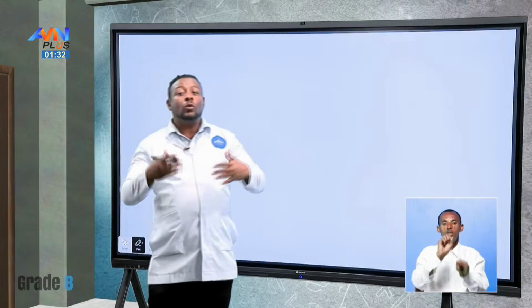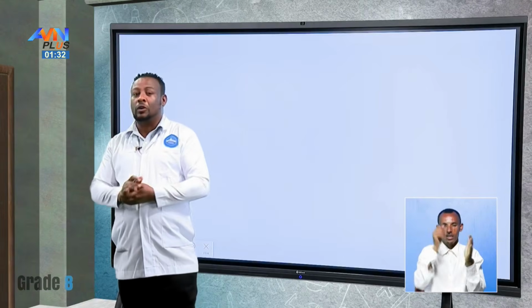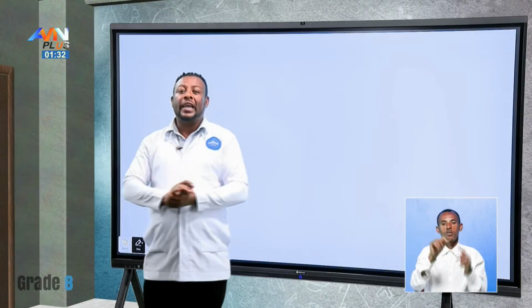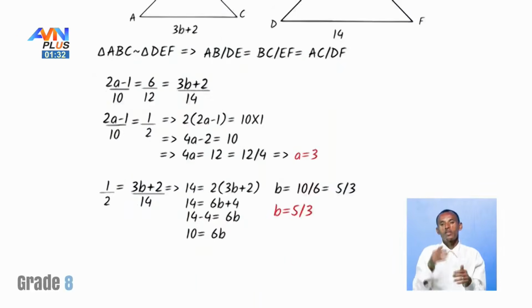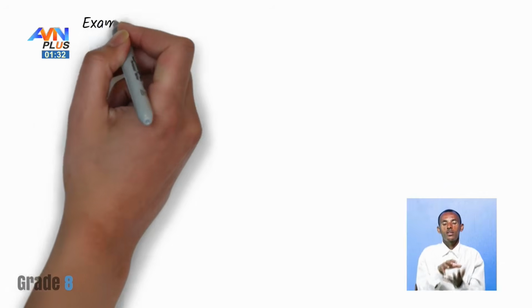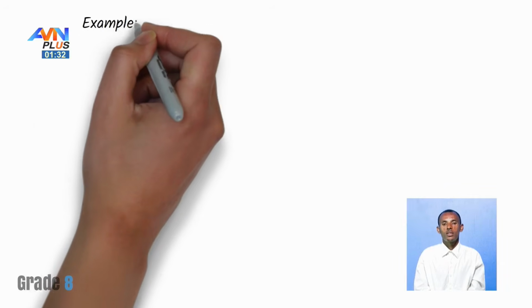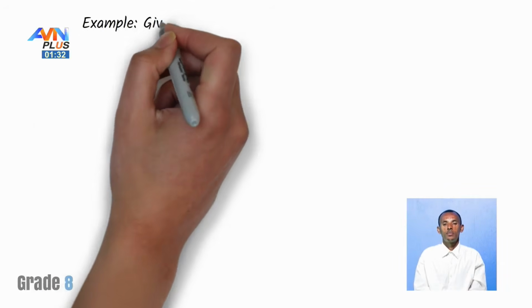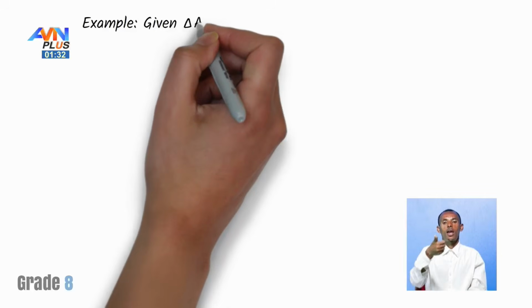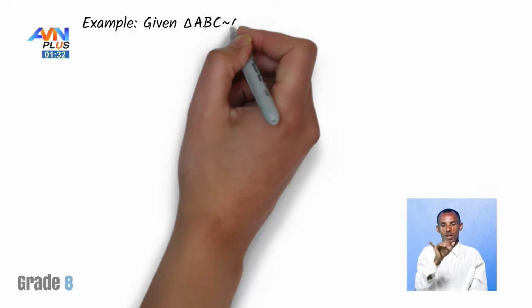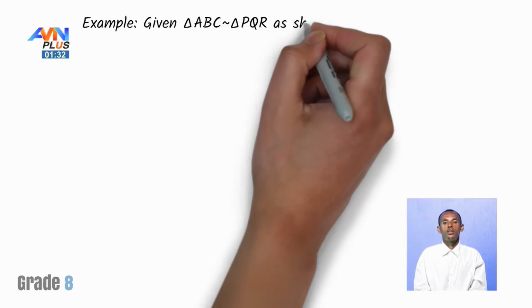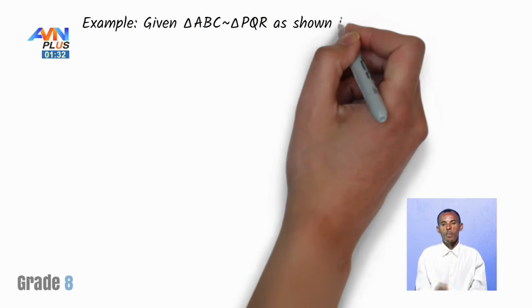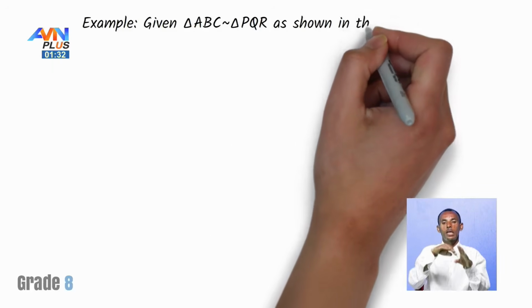So let's see one more example regarding similarity of triangles, and that will be the end of our discussion for today. This example contains a given triangle ABC. Triangle ABC is similar to triangle PQR as shown in the figure below.